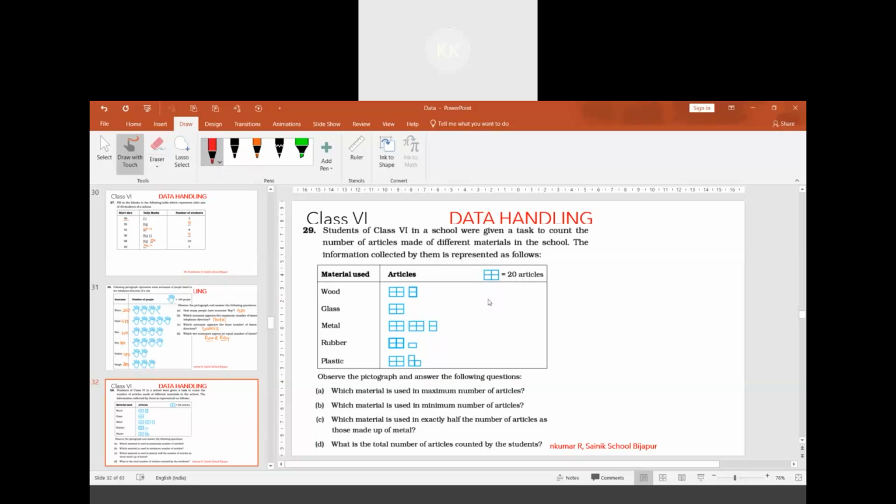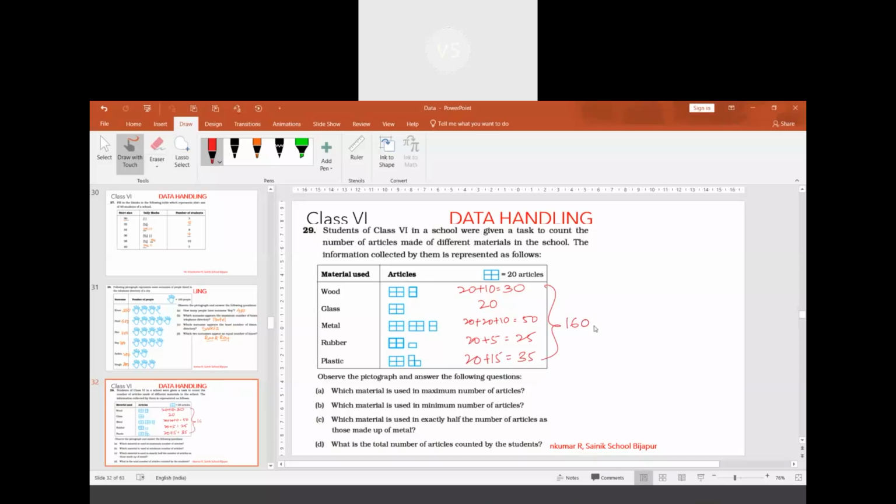This is 20 plus 10. In this, it will be 20 plus 20 plus 10, 50. Here it is 20 plus 5, 25. 20 plus 15, 35.